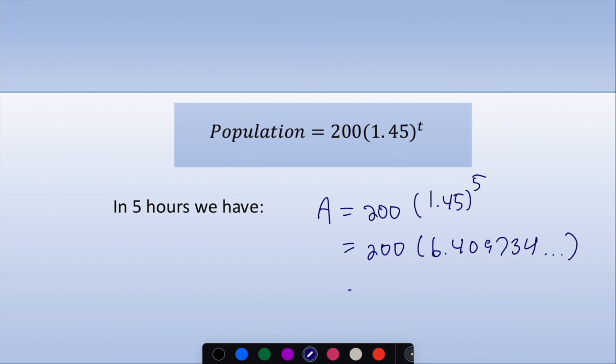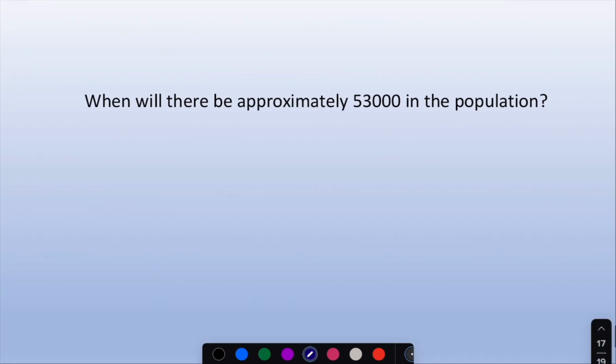And so we get 1,281.9, which they might leave 1281, or they might round up to 1282. So if they say round to the nearest whole number, it would be 1282. If they said, just keep that front number, it would be 1281. So again, you'll have to look at what the instructions say.